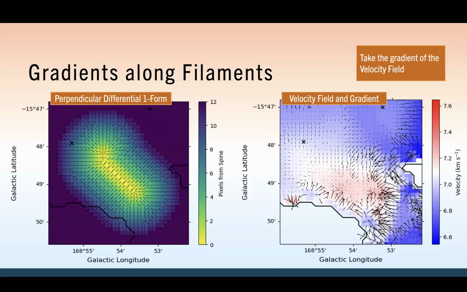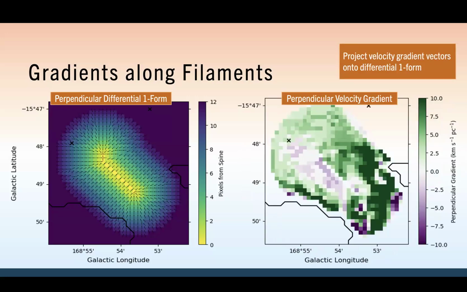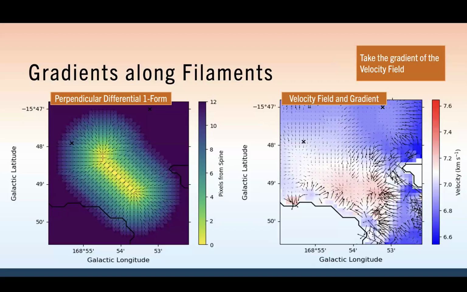And purple is showing where there's a mismatch. So you can see where there's this purple just below the filament. That is where gas is continuing to mostly flow down, despite the fact that the differential one form is mostly pointing up.